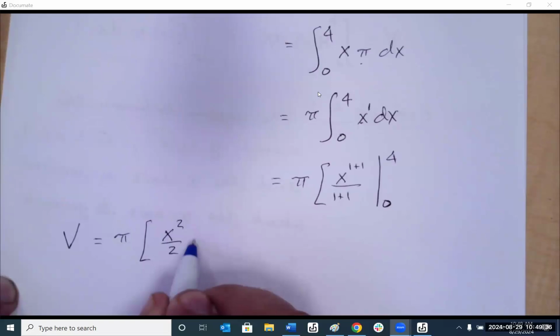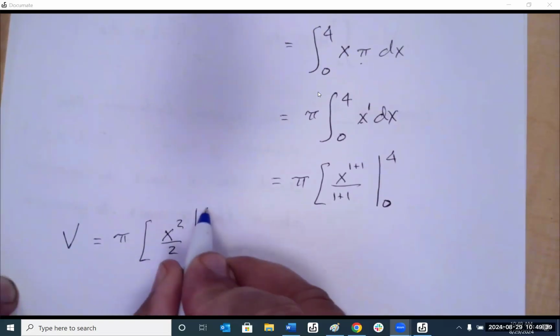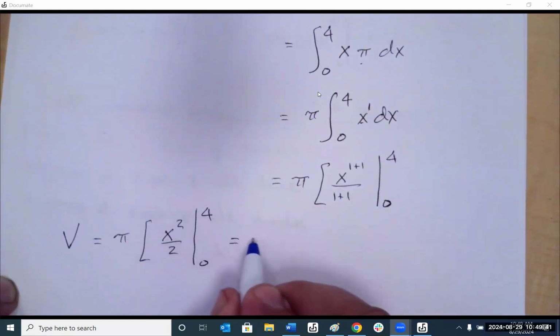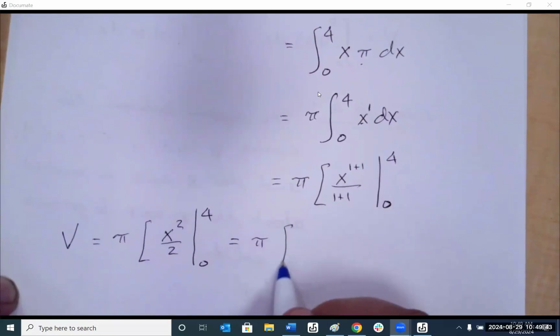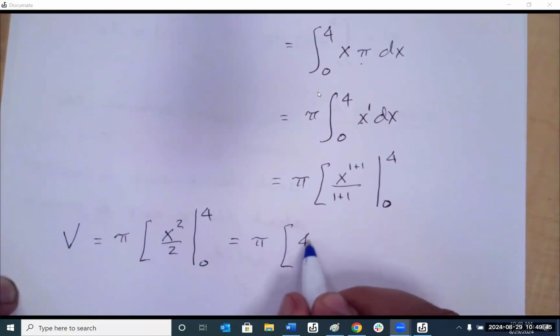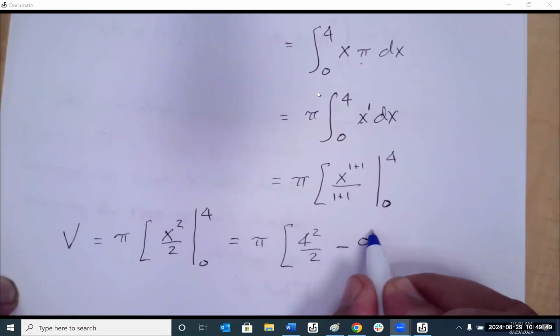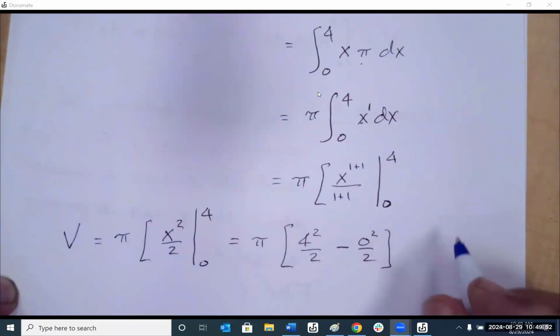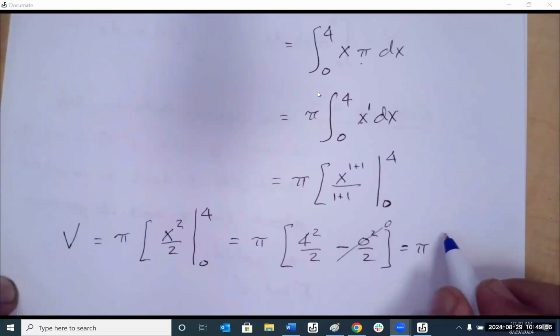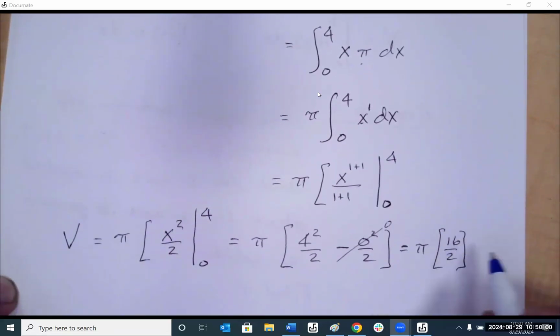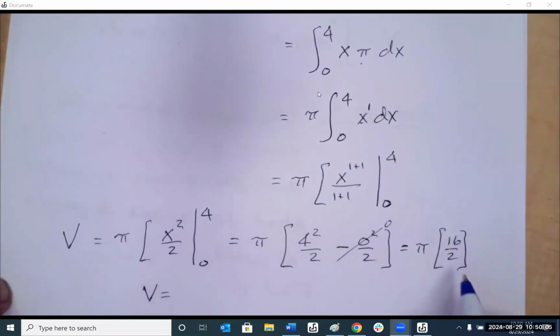So x squared over 2 from 0 to 4. Four squared over 2 minus 0 squared over 2. That's 0. We have 16 over 2, which is 8, so 8 pi.